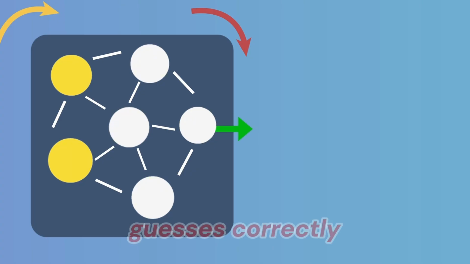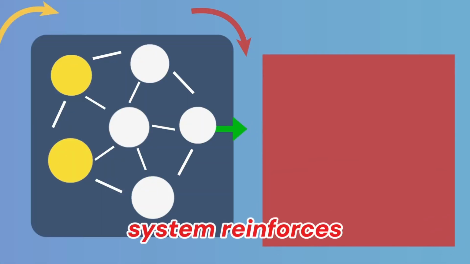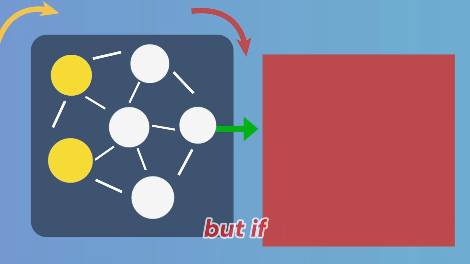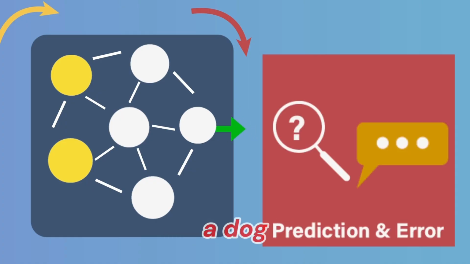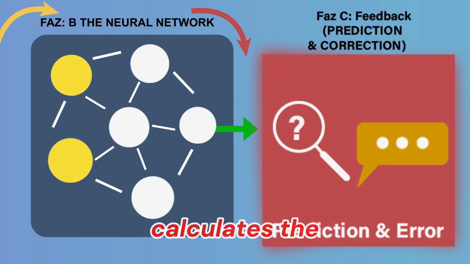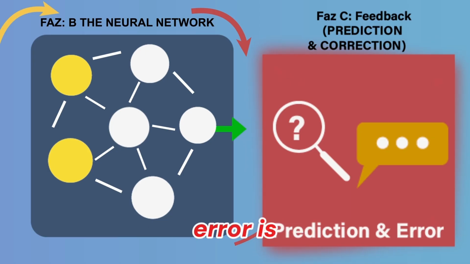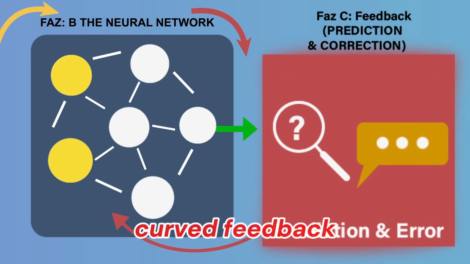If the AI guesses correctly, it was indeed a cat, the system reinforces the weights it used. But if the AI is wrong, it predicts a cat, but the picture was a dog, this is an error signal. The algorithm calculates the exact degree of error. This measured error is sent back through the network via the thick, curved feedback loop.